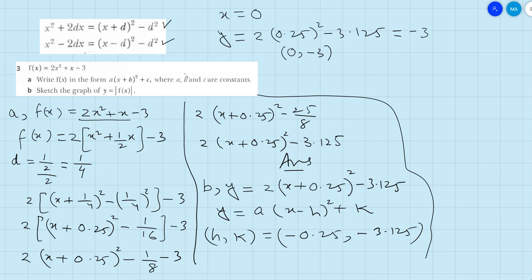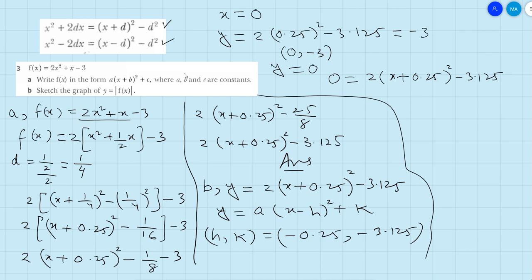Now find the other two answers. We have to find the x intercept. So for the x intercept, we have to put y equal to 0 in the answer of part A. 0 = 2(x + 0.25)² - 3.125.